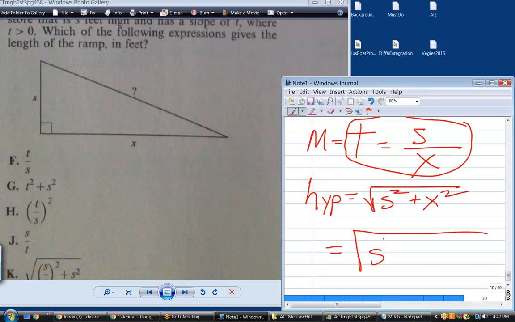We can have some s's, but what's x squared? Isn't it just what I have circled, solve for x? x is s divided by t.